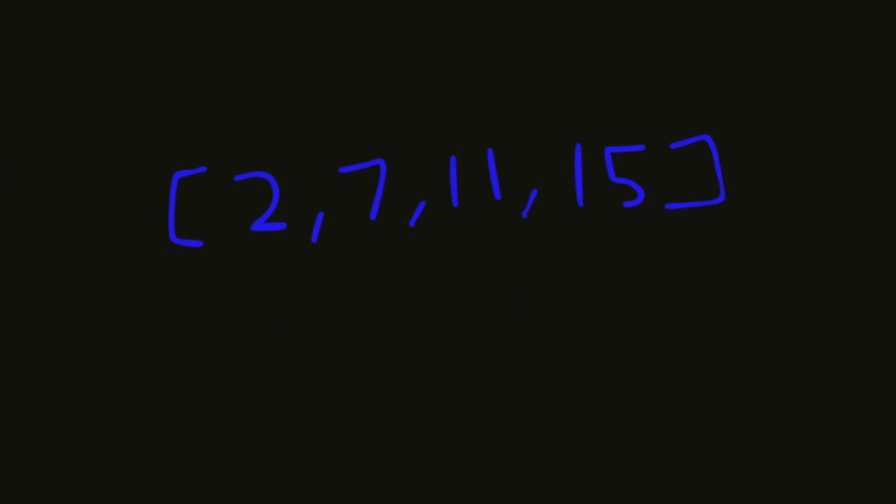Now, the overall time complexity of this is quite logical. We know going through the entire array would be n time, and because we would go through it as many times as there are elements, which would also be n, we would have n times n, which equals n squared.